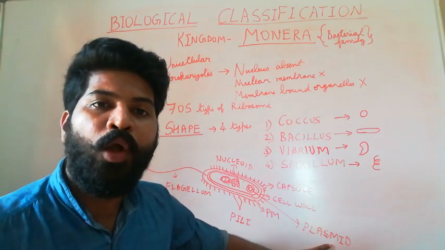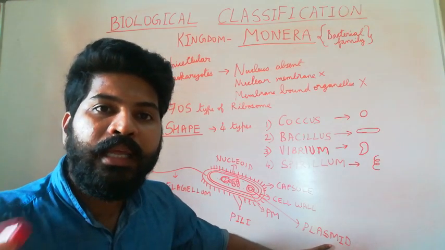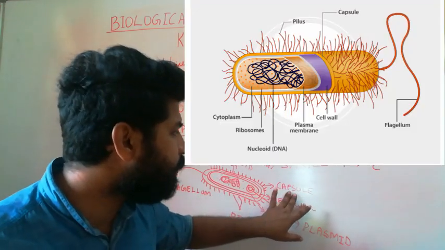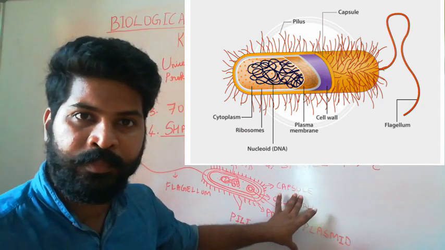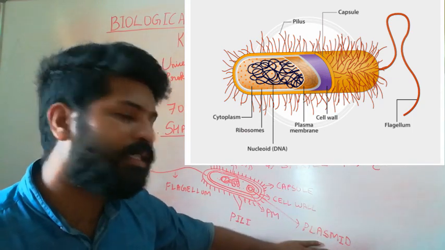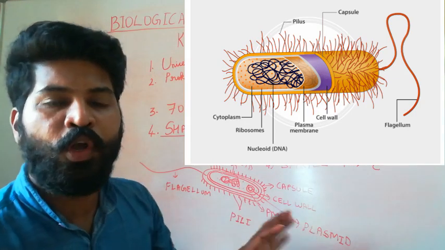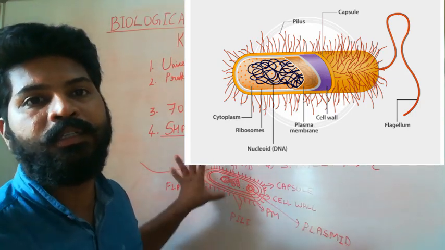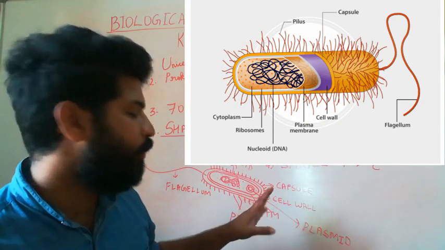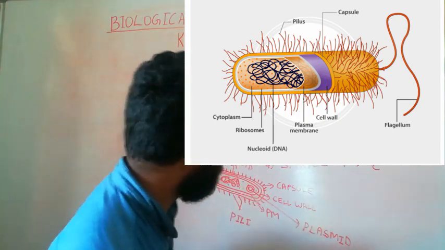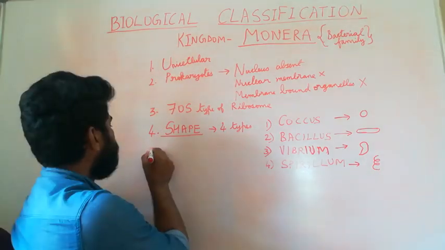That is the reason most of the antibiotics are ineffective against bacteria. Number 1, they have a tough cell wall and a capsule covering. Not only that, the plasmids contain certain antibiotic resistance genes which offer them resistance against the toxic antibiotics, which will help them to survive. That is the general structure of a bacterial cell.